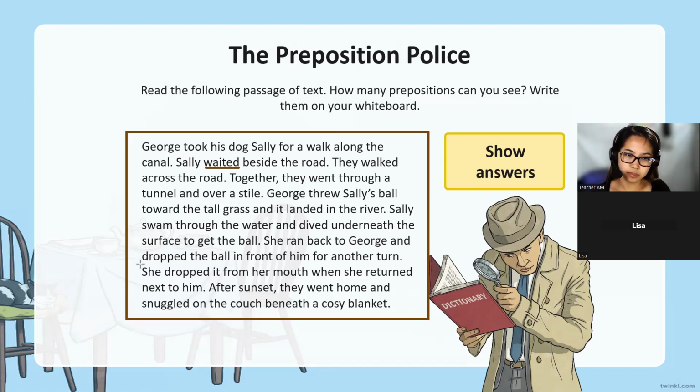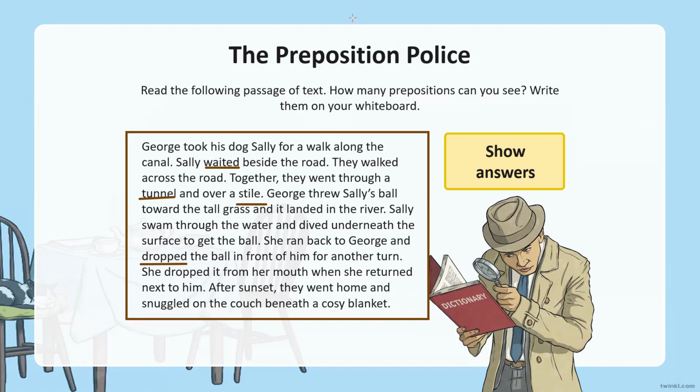She dropped it from her mouth when she returned it next to him after sunset. They went home and snuggled on the couch beneath a cozy blanket.